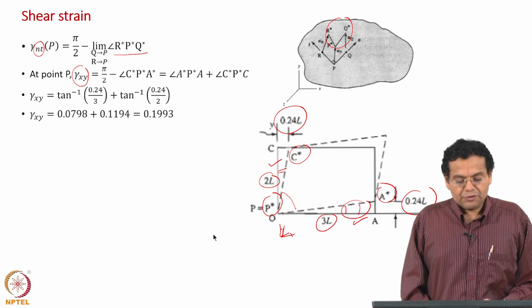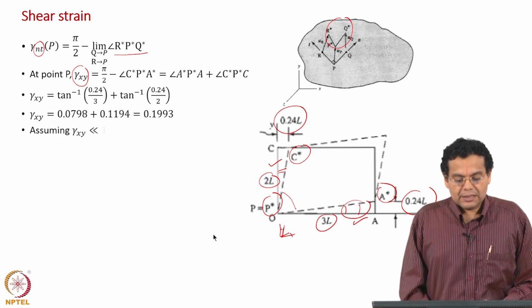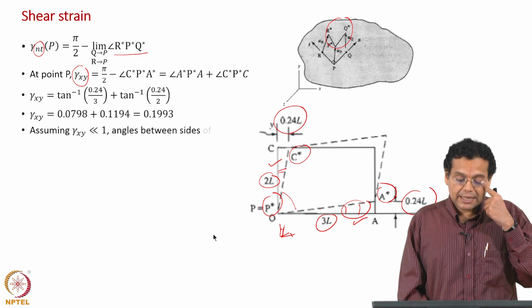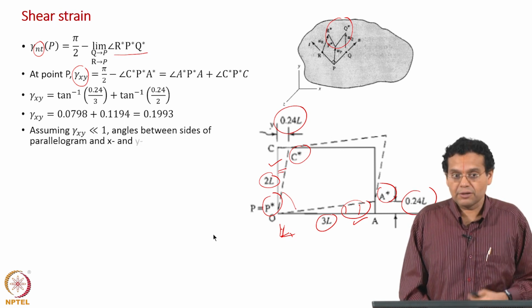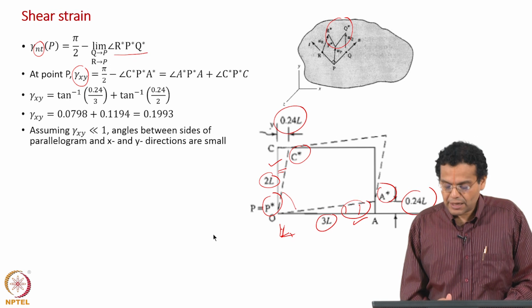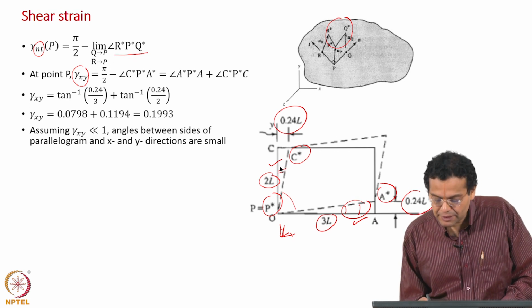Now, if you assume gamma xy is less than 1, a small value, what happens? These angles become very small.